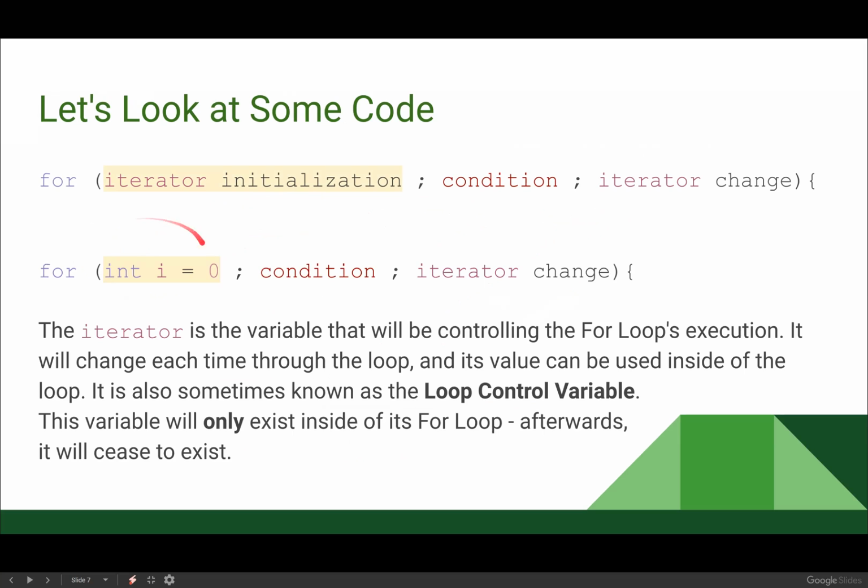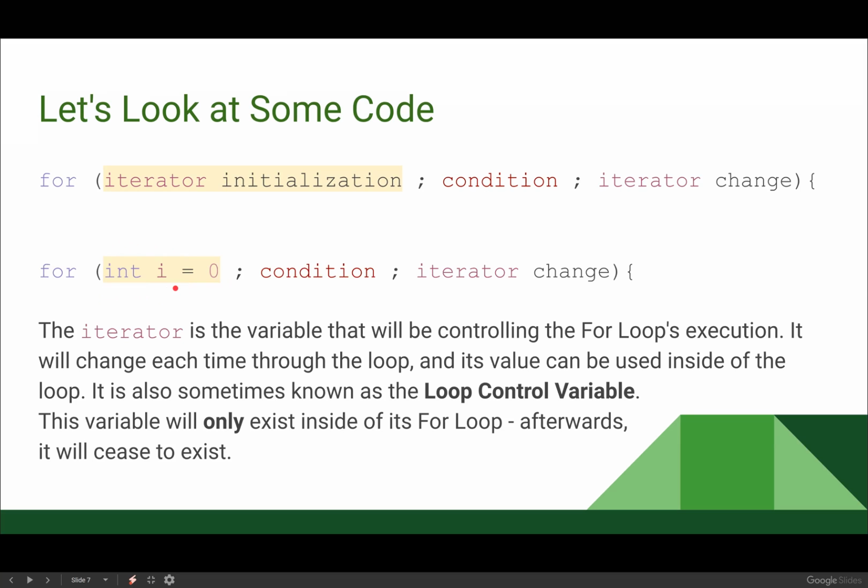So, a very common name for the iterator, that variable, is going to be i. Usually you're going to want it to be an integer because it's just going to keep count of how many times you've looped. So this variable, the iterator, is going to be controlling the execution of our for loop. It's going to change each time through the loop.